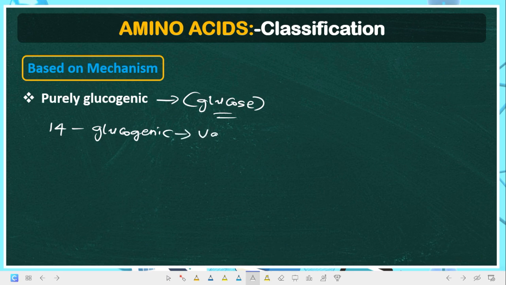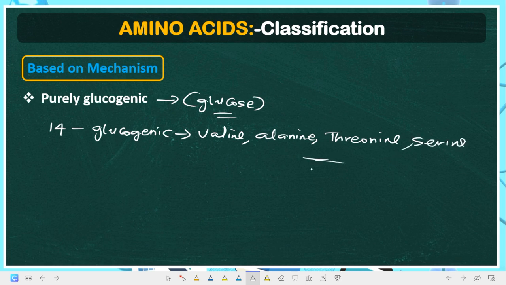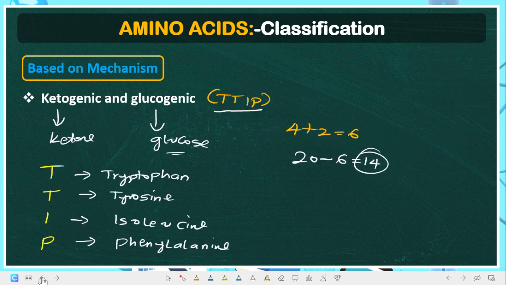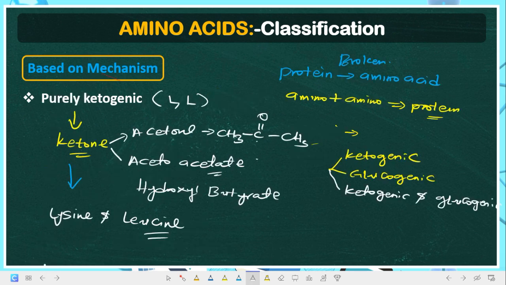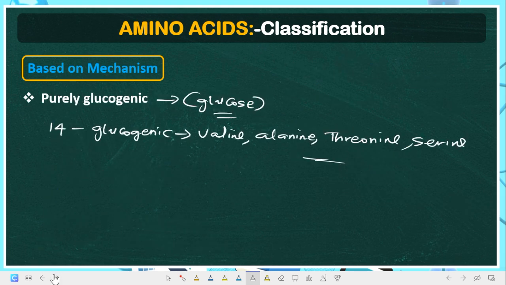Now, under this, we have valine, alanine, leucine. Okay, we've talked about leucine, valine, alanine. We have threonine. We have serine, cysteine, etc. The remaining 14 amino acids, apart from tryptophan, tyrosine, isoleucine, phenylalanine, and lysine and leucine, are all purely glucogenic amino acids.